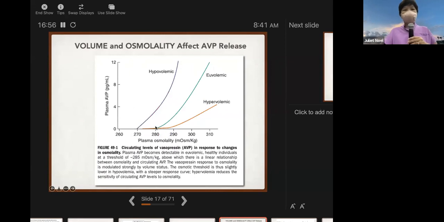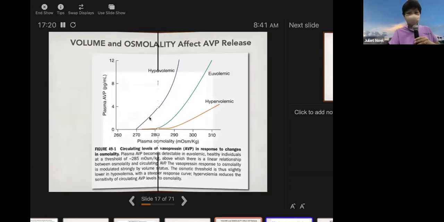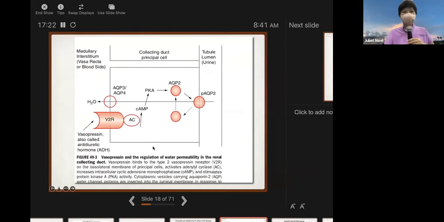In patients with hypovolemia, the threshold goes down, so you would release the vasopressin earlier. In euvolemic patients, as I mentioned, it's 280. If you have hypervolemia, the trigger will also be higher.